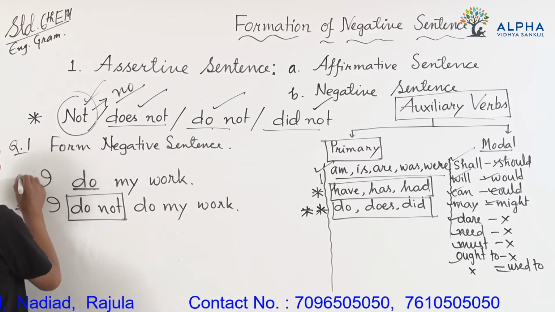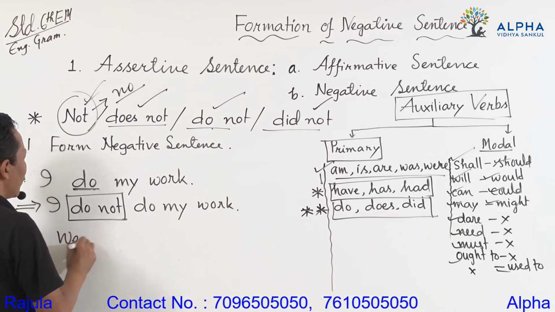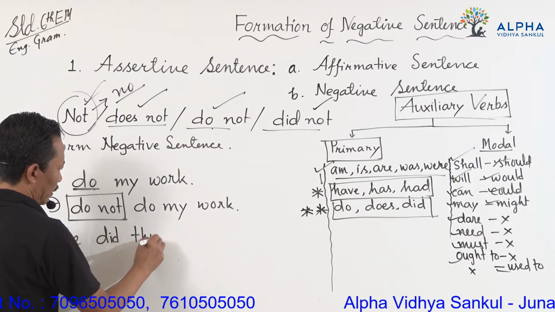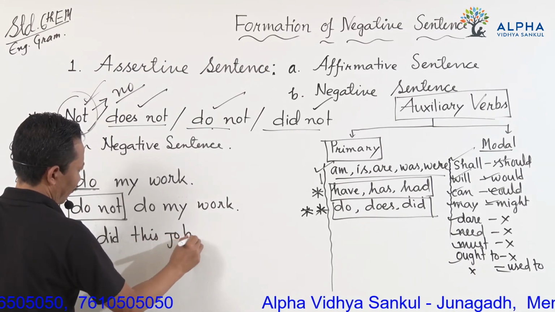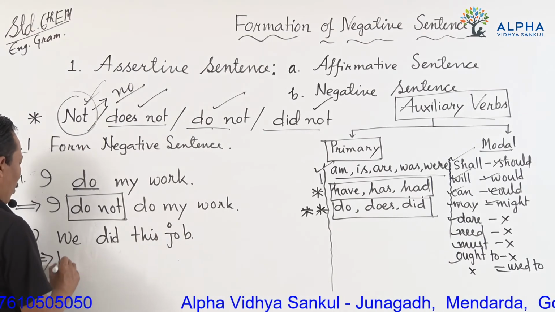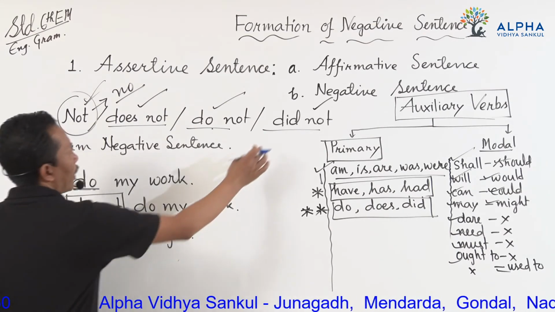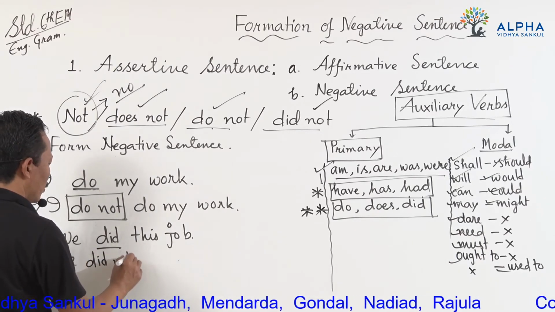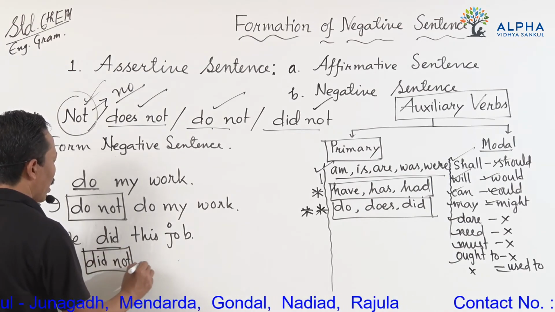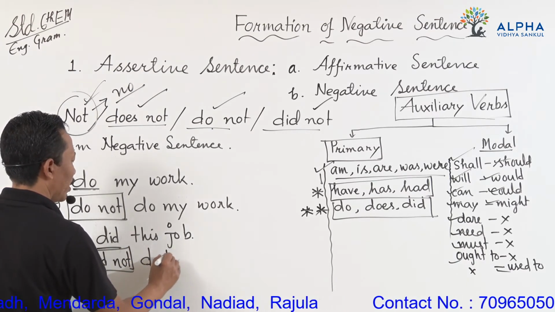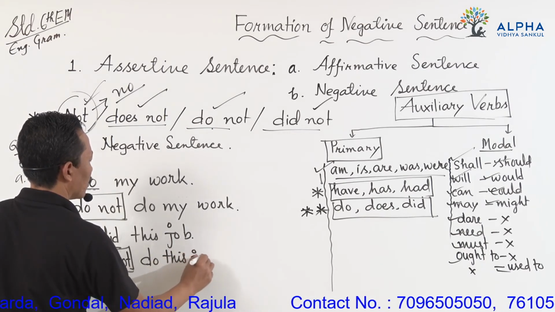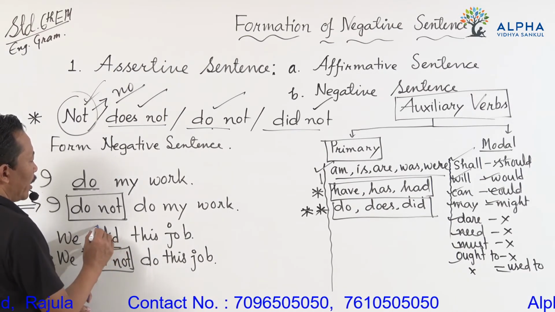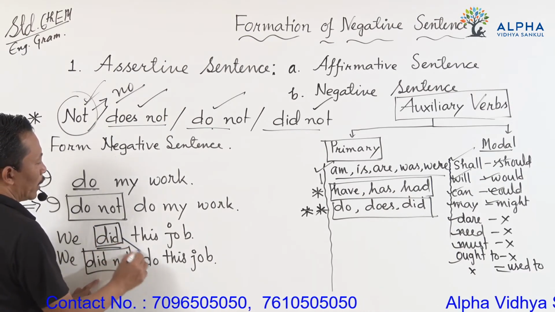Student, you see, we did this job. Then it is did, so we have to apply did not. We did not do this job. Here the rule is, this did becomes do.